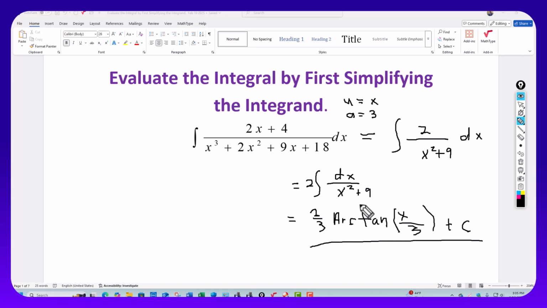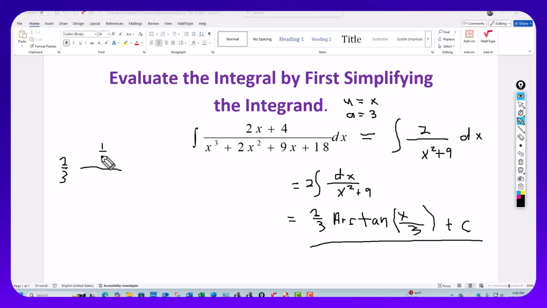And the formula for the derivative of arctangent of u, this would be the u in the formula, is simply, the 2/3 is constant, so that comes along for the ride. So that'll be 2/3 here. And then it's the derivative of u with respect to x. So the derivative of x over 3 is just 1/3.